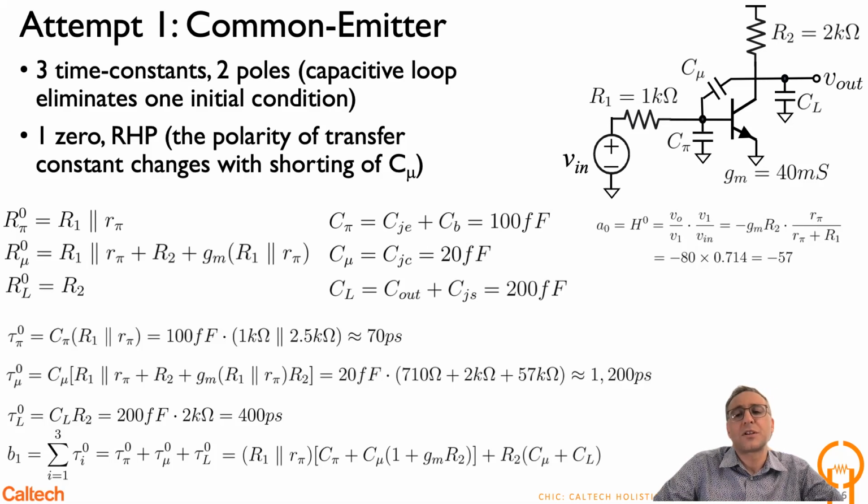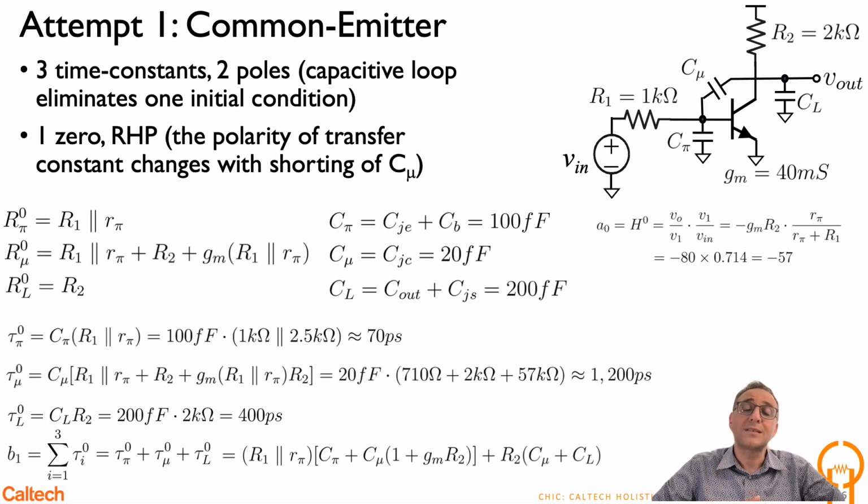How many capacitors can we short circuit simultaneously and get a non-zero output? You can easily see that there's only one capacitor, C mu, that you can short that will produce a non-zero output, because if you short CL or C pi at any point, you get 0 output. As a result, you can tell that there's only 1 zero, because the highest order non-zero transfer constant is the first order one.